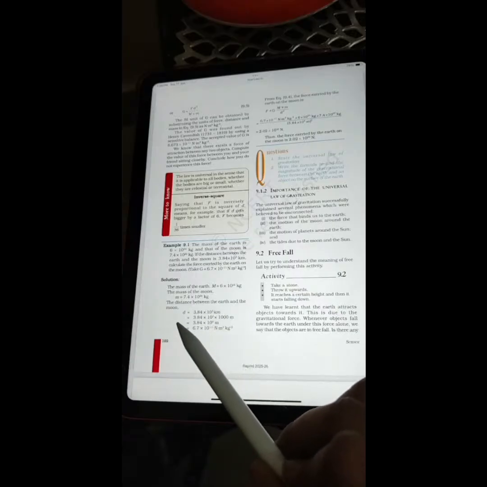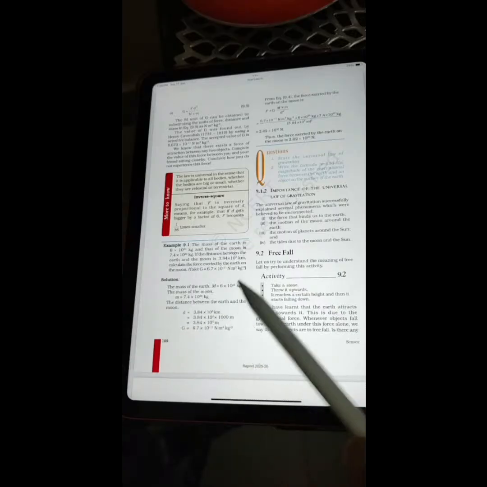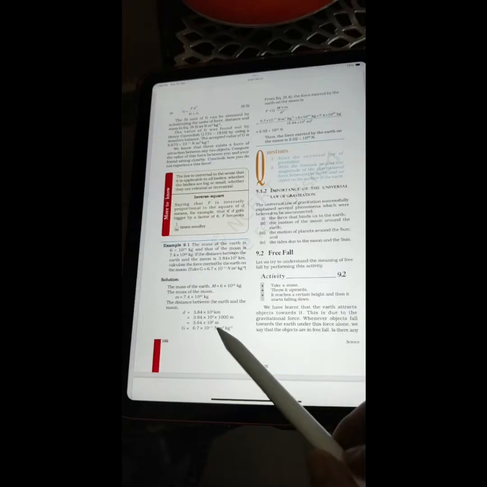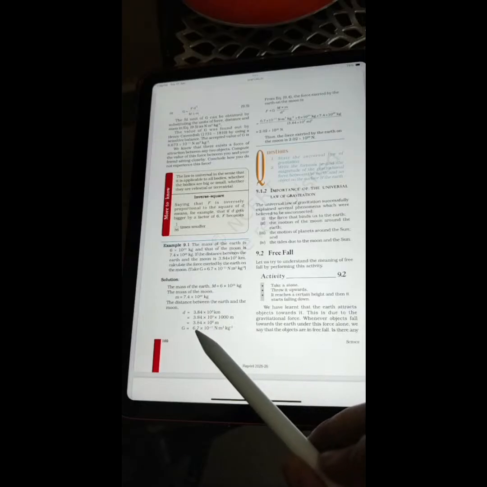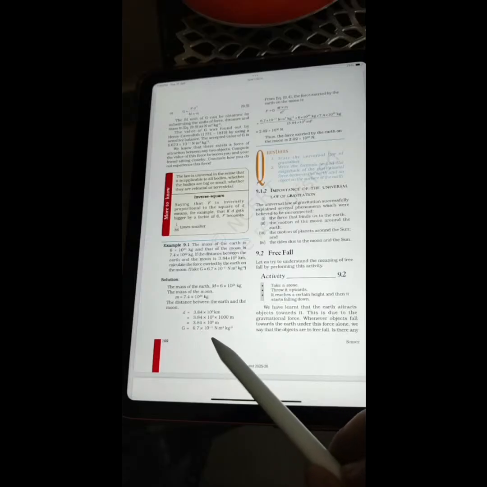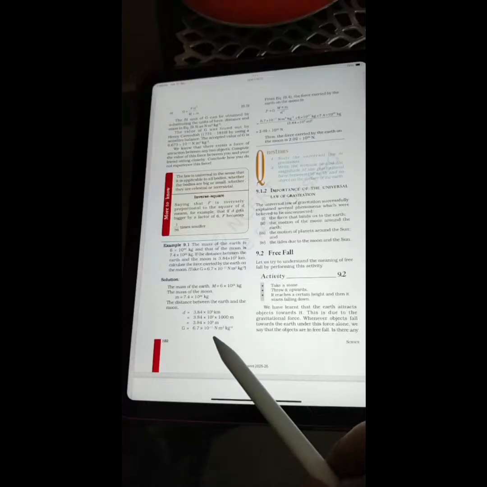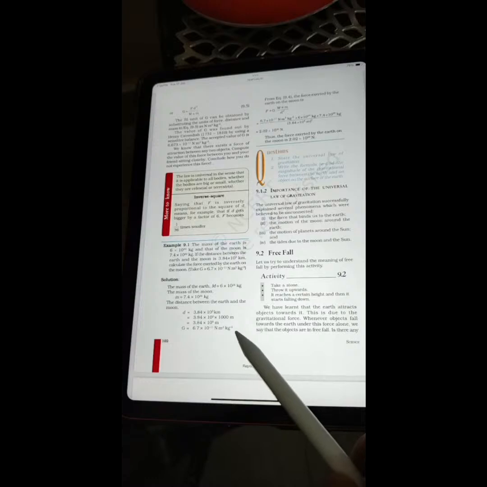So the distance between the earth and the moon can be calculated as d is equal to 3.84 into 10 to the power 5 kilometer. So here they have converted kilometer into meter, that's why they have multiplied by 1000, so the value becomes 3.84 into 10 to the power 8 meter. Capital G will become 6.7 into 10 to the power minus 11 Newton meter square per kg square.